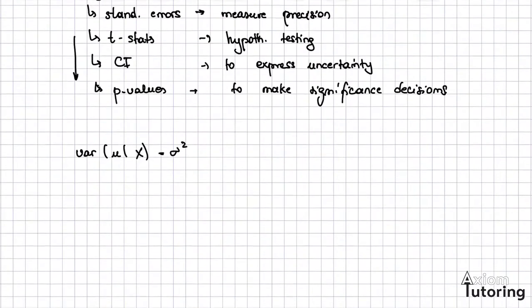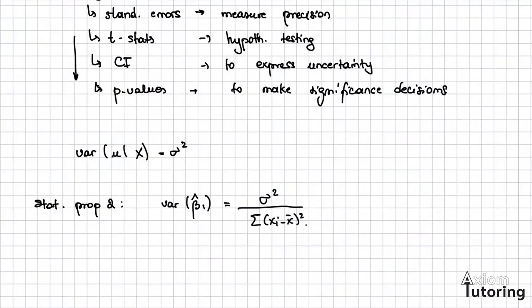At the same time, from statistical property 2 of OLS, you had the exact formula for the variance of beta 1 hat, which was sigma squared divided by the sum of (xi minus x bar) squared, where sigma squared was the variance of the error term, the residual variance.